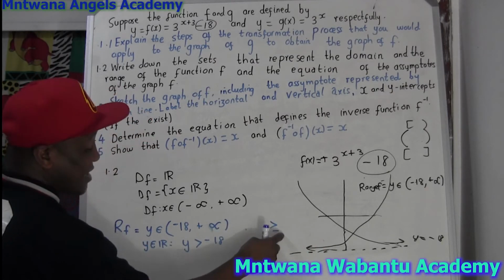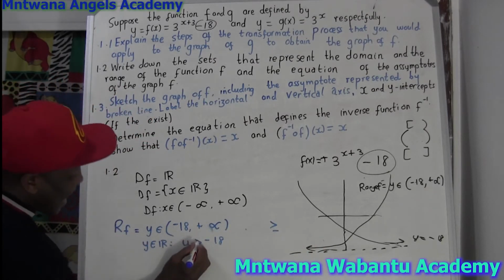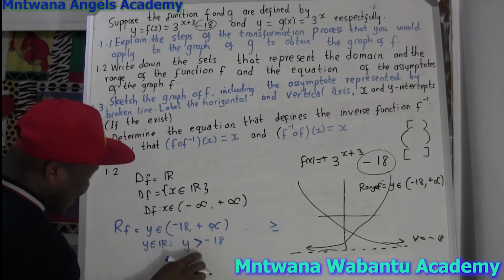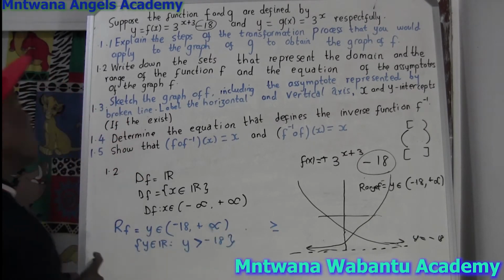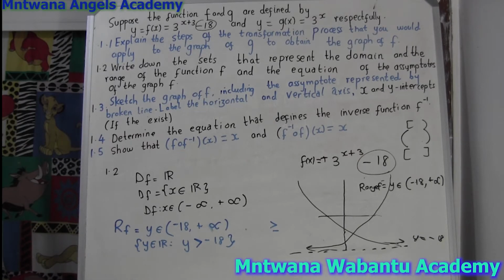If you want to write in set builder notation, make sure you write your brackets. So we have the domain and range. Number 3.